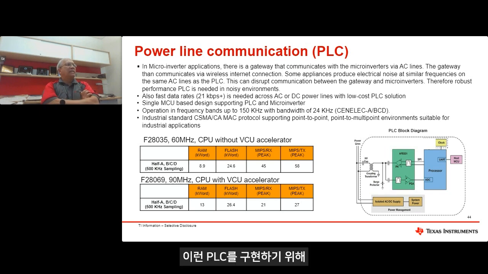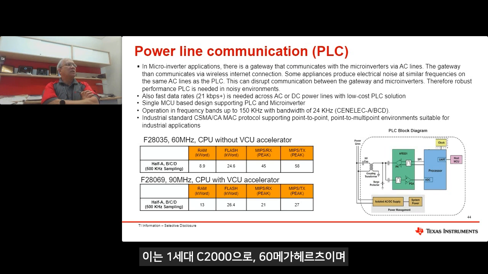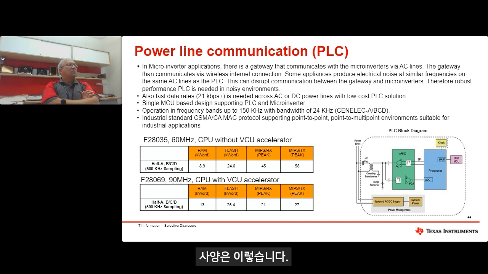To implement that kind of PLC, in this example a C2000 is running at a much lower frequency. This is a first generation C2000, 60 megahertz. It takes about 45 MIPS, and it does not have the VCU accelerator. So it takes about 45 MIPS out of the 60 MIPS.